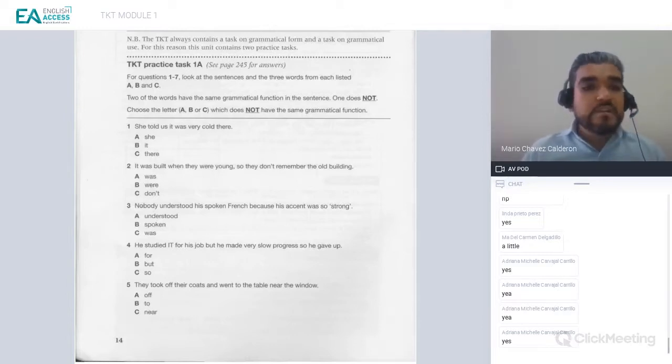For example, she told us it was very cold there. She told us it was very cold. Okay? You have 3 options. She, get, there. 2 are the same part of speech. 1, it's not. 2 are the same. 1, it's not.